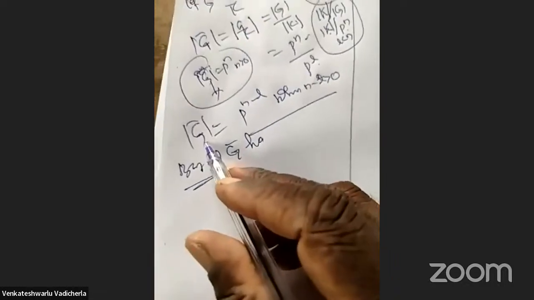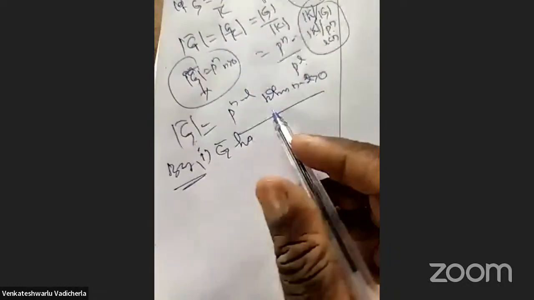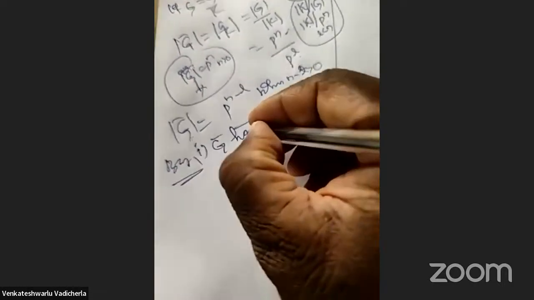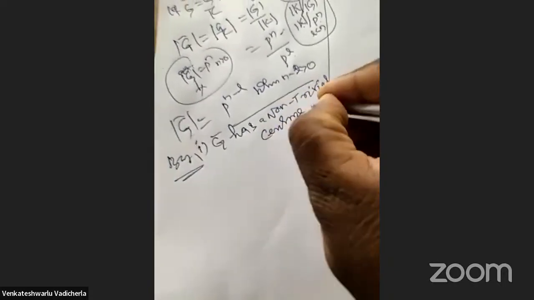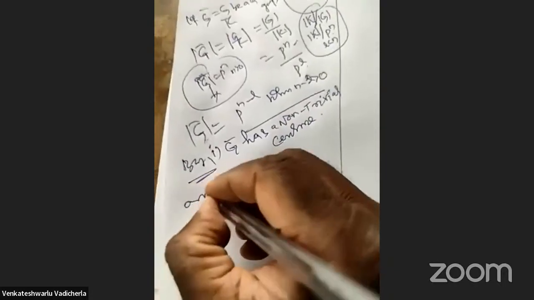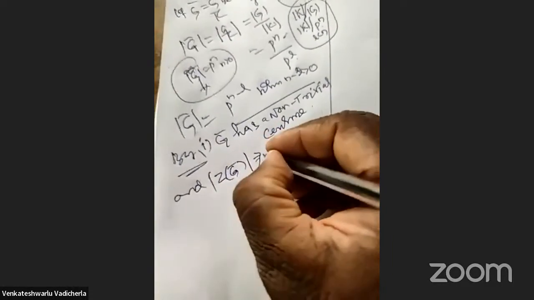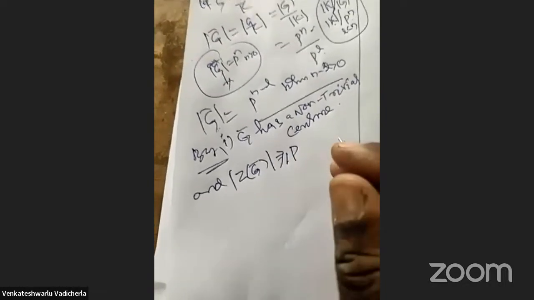Here G bar has order p to the power n minus l, where n minus l is greater than 0. Then G bar has a non-trivial center, and the order of Z of G bar is greater than or equal to p.